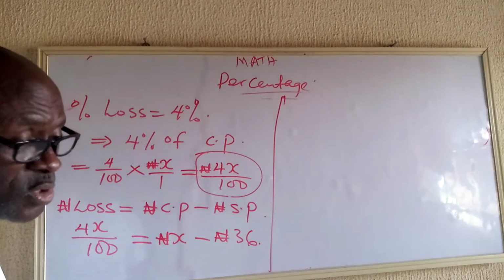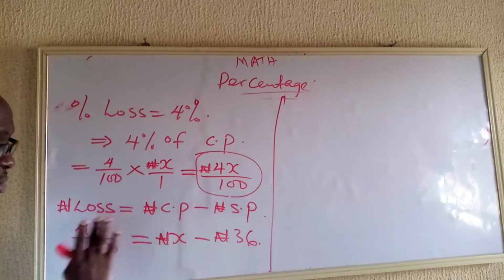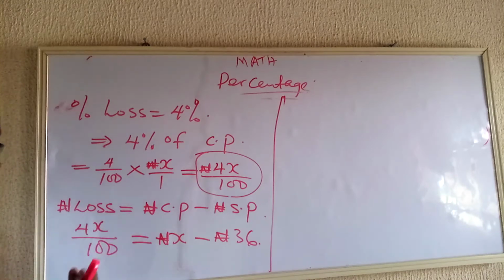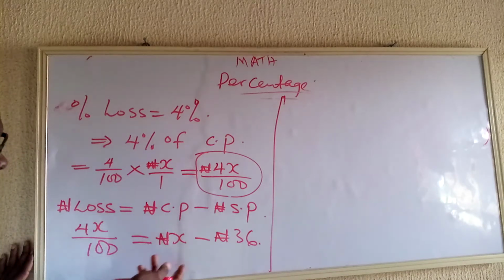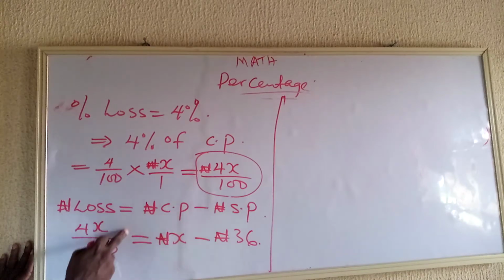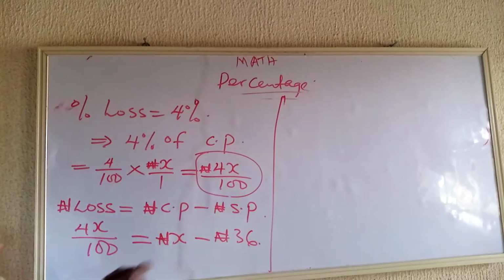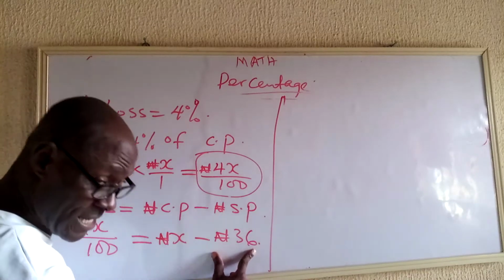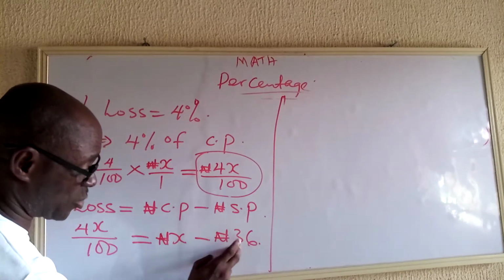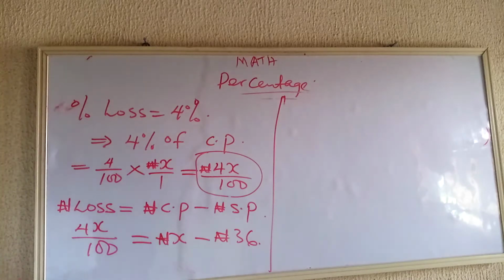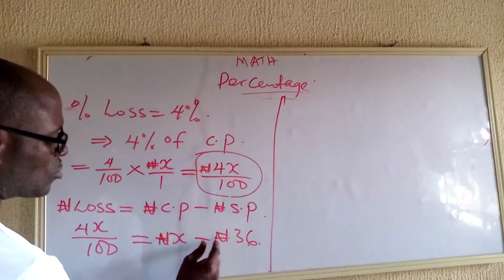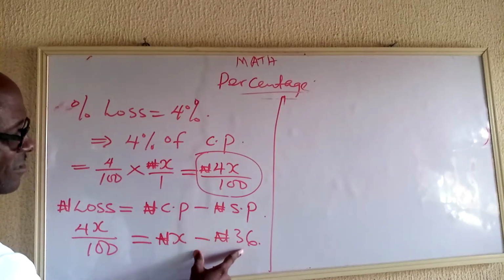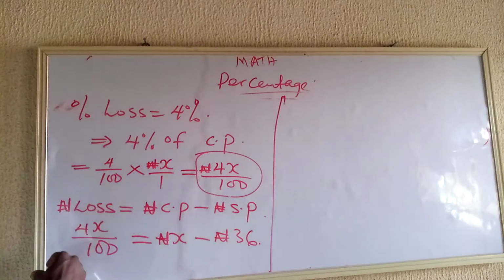It becomes negative. That means crossing over, in order to rearrange so that all x will be together. Though I can still do it by bringing this one here and leaving this one here, this negative must stay if you are leaving this, because it belongs to this one. But at times, some of us are carried away and might forget that there's supposed to be a negative here. So in my own opinion, I would rather suggest you let this negative 36 become positive by taking it to the other side of the equal sign.